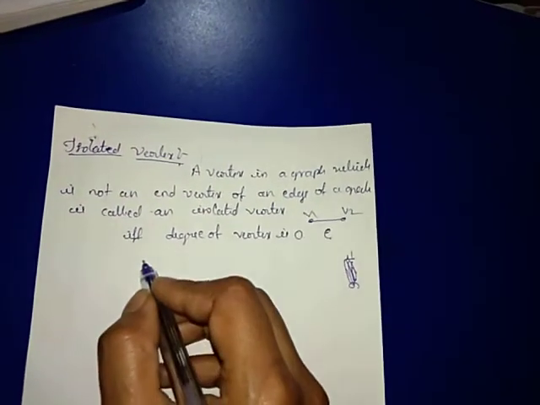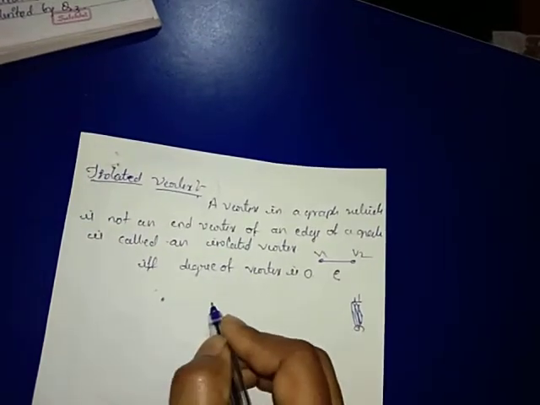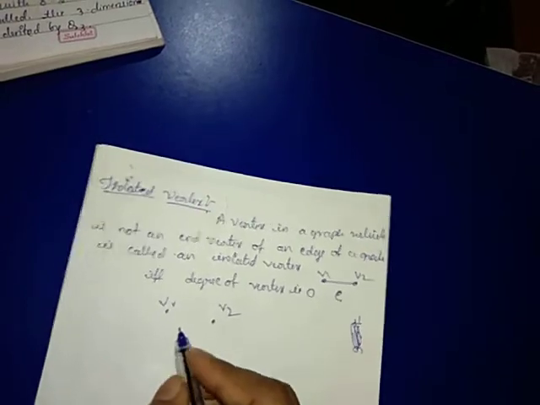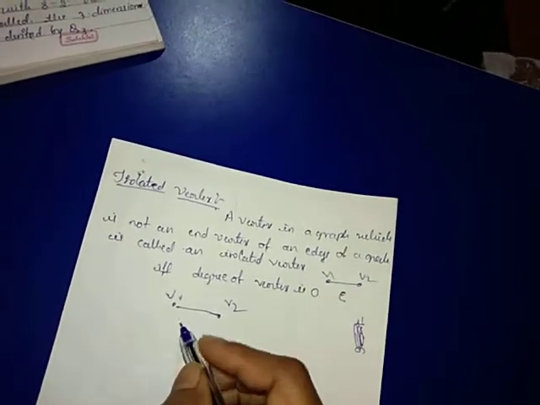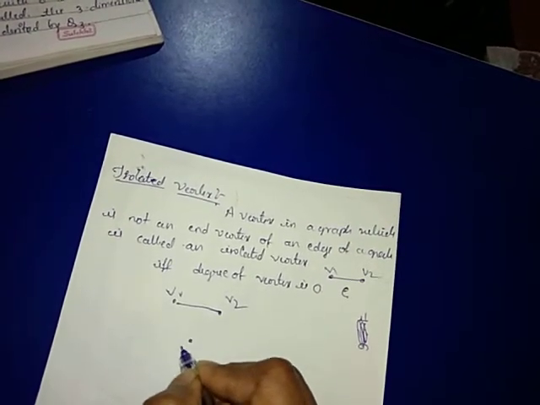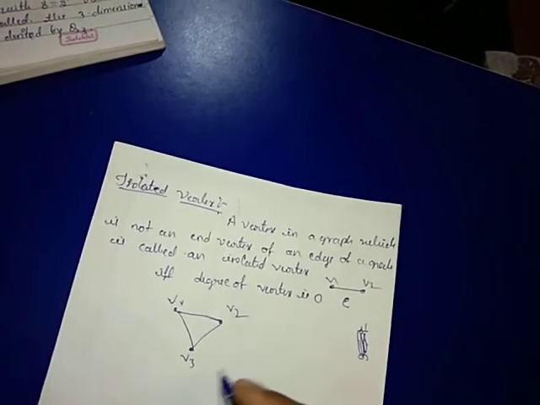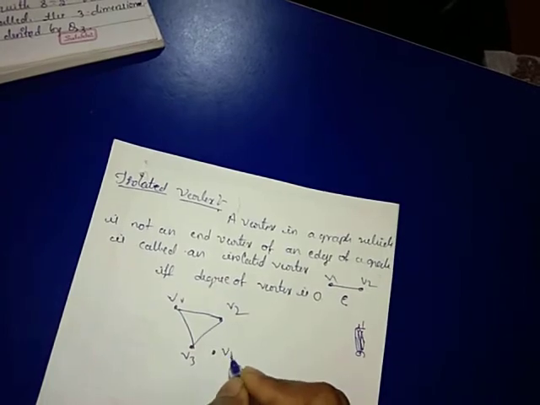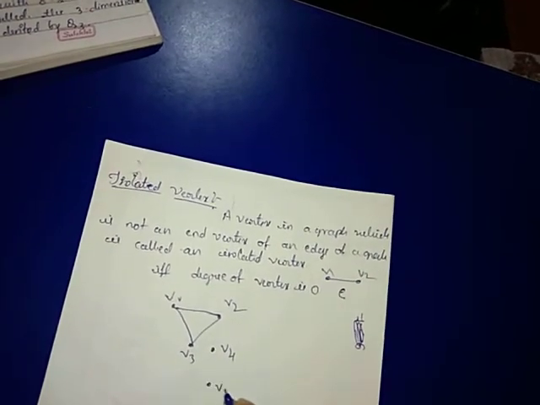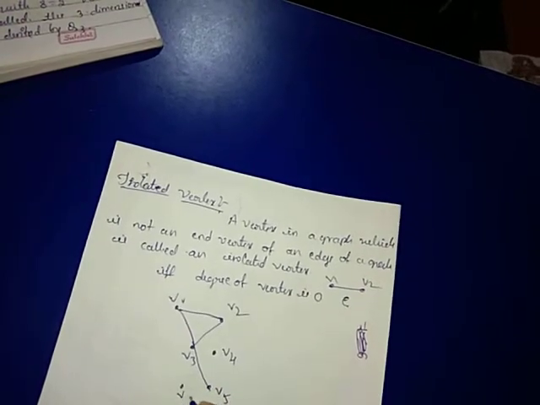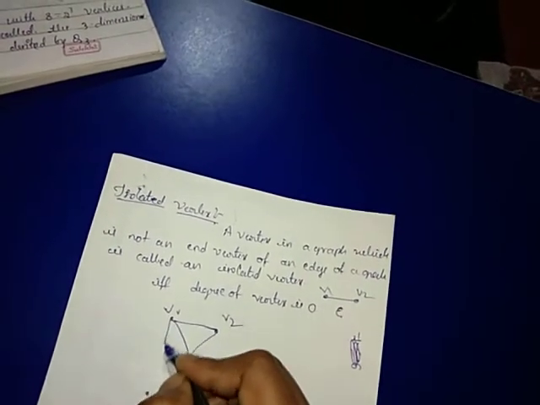Here I am drawing one graph. V1, V2, V3, V4, V5, V6, V7.